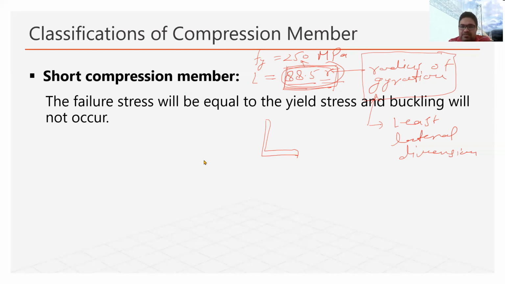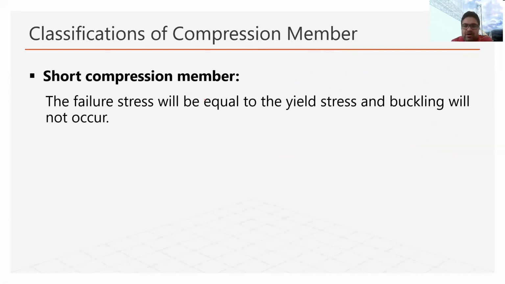And as I said, the squashing failure is the ideal failure, but the length obtained from this formula will be so small that it is very difficult to use completely short compression members practically. That is why I can say that most compression members actually don't fall in this category.